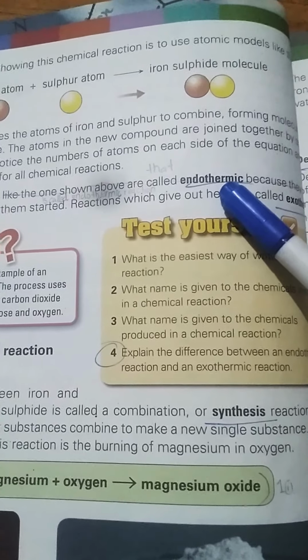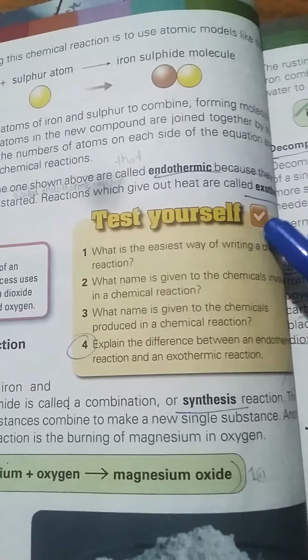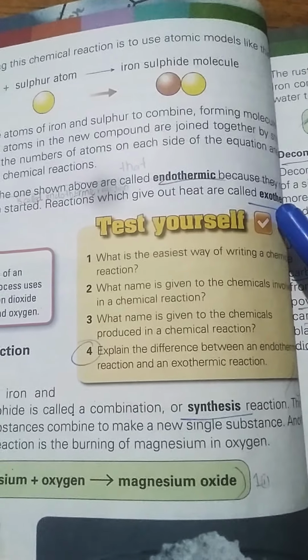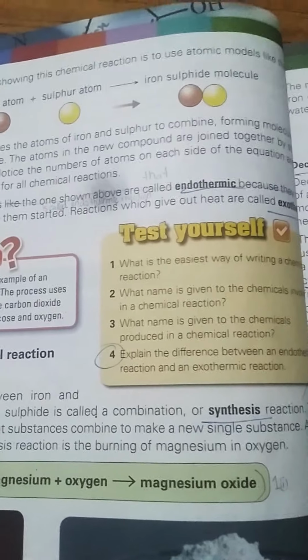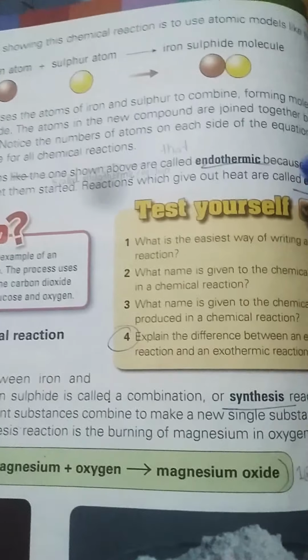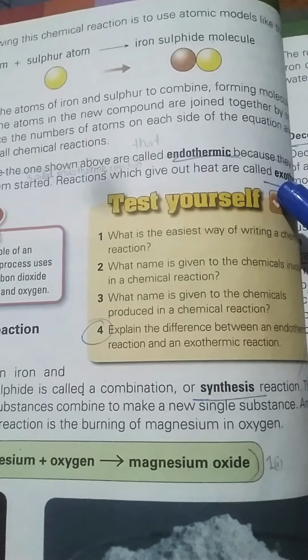Endothermic means the reactions that are taking in heat. The word exo means outside, and therm means heat. So exothermic are the reactions that are giving out heat. Endothermic reactions take in heat, and exothermic reactions release heat.